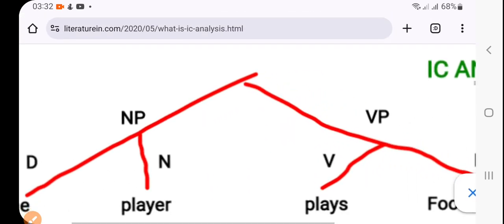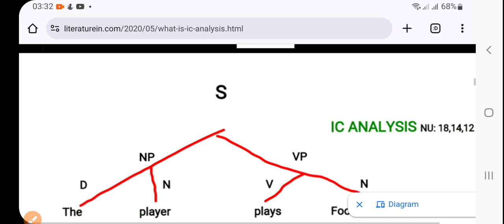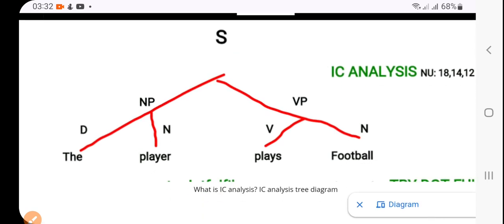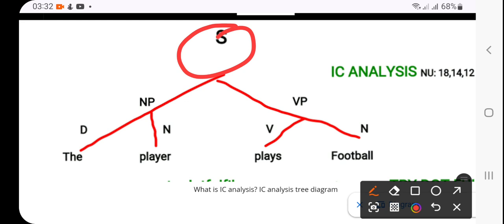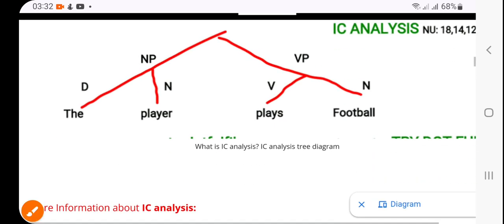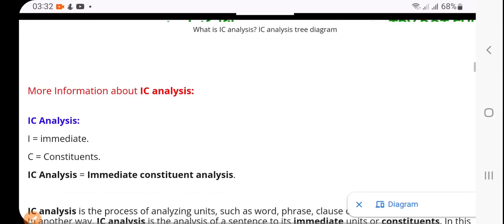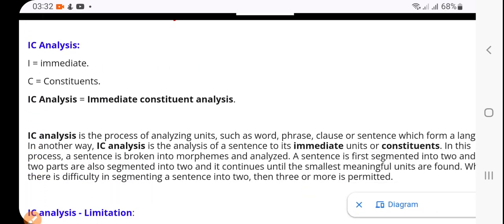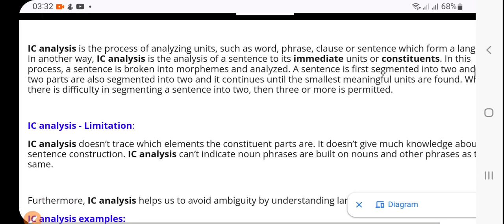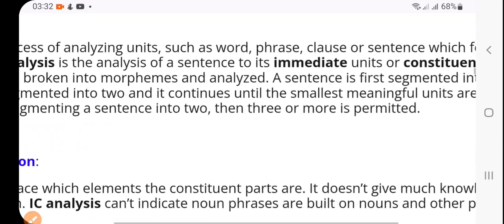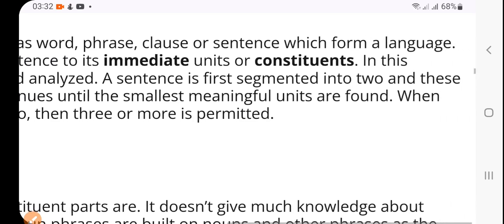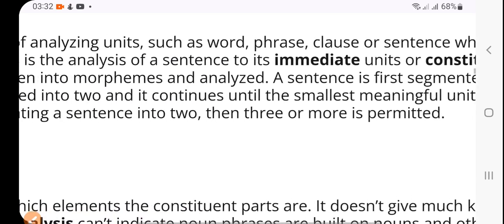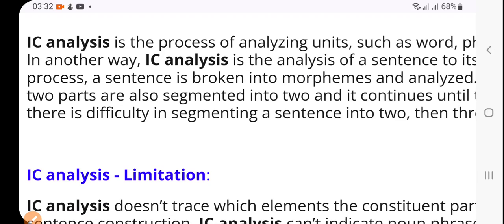For example, this is the sentence, right? The player plays football, we have seen already, right? So now IC analysis is the process of analyzing units such as word, phrase, clause, sentence, which form a language, right?